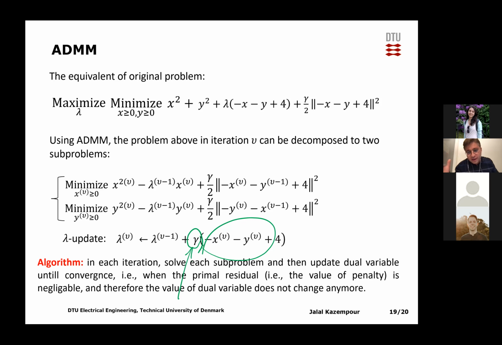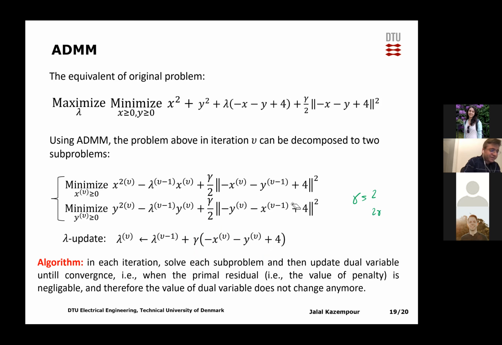You can use dynamic updating techniques to change the value of gamma over the iterations. Or if it works, you can say my gamma is always 2 or 20 or whatever in all iterations. But it's always nicer to find elegant ways to dynamically change gamma over the iterations.